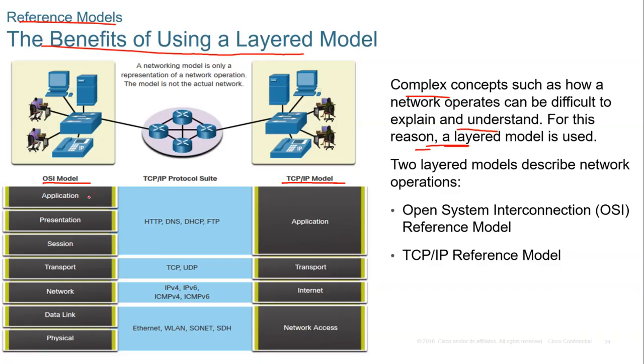With the OSI model, we have application, presentation, session, transport, network, data link, and then physical. When it comes to the TCP/IP model, which is a protocol suite, there are four layers: application, transport, internet, and network access. These are some applications available on the different layers.